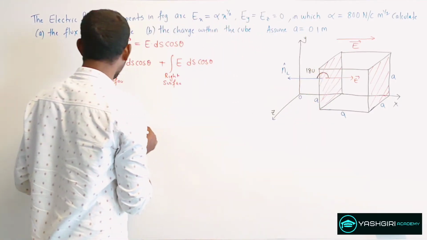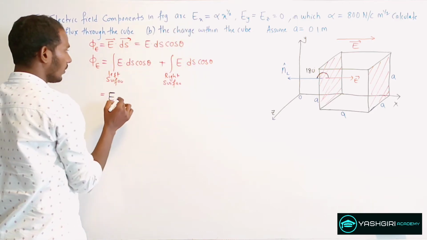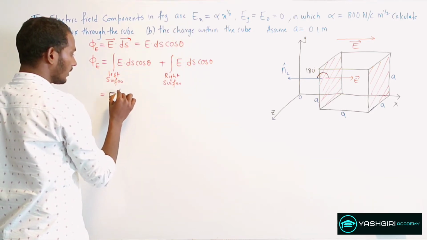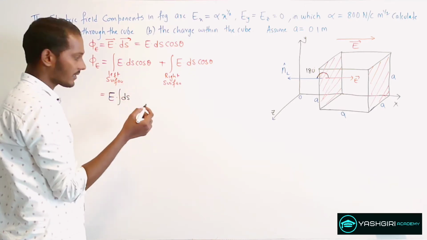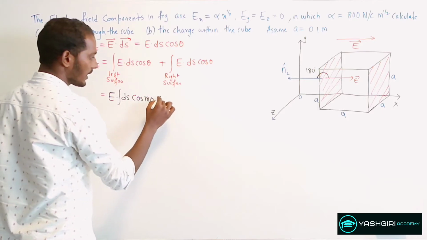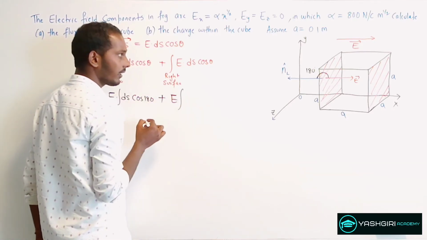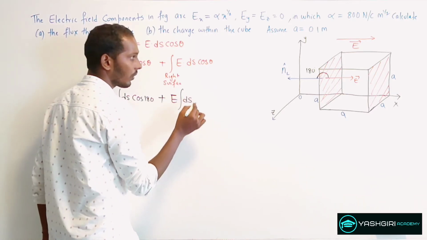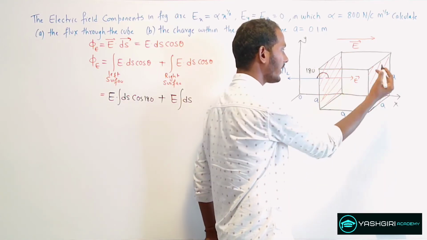So here in this case, I'll just write that the electric field E is constant, into the integral of ds into cos theta. It's 180 degrees, cos of 180. Same way, plus I can just take the electric field out, integral of ds into cos, here for this surface, the right surface, let me call this the right surface.